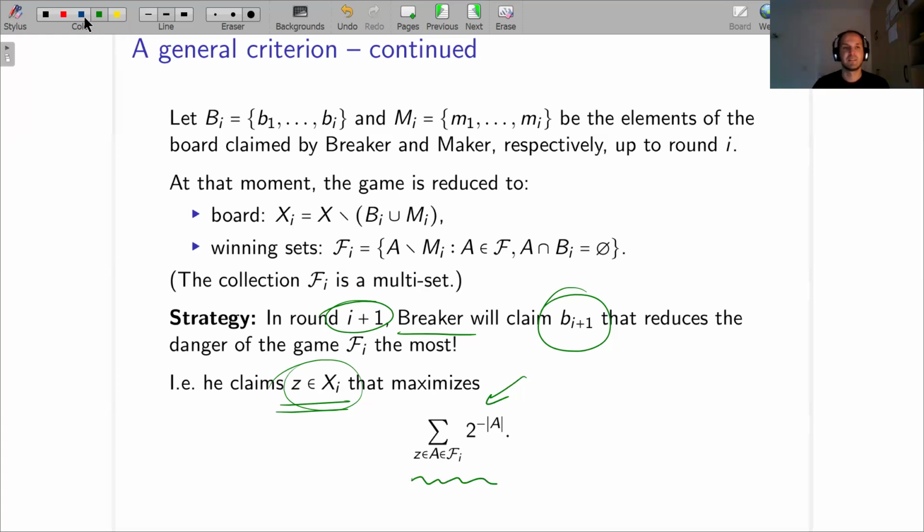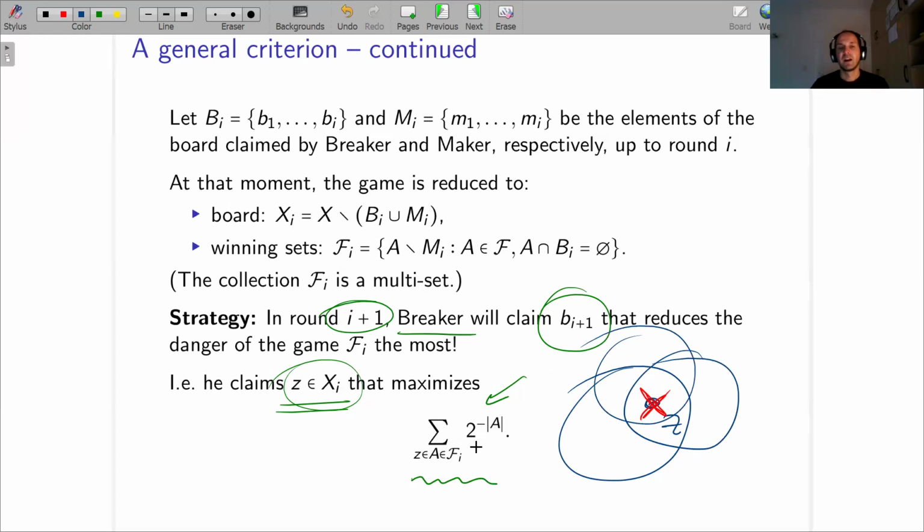So z is a vertex such that the winning sets containing z are the most dangerous in the sum. The danger of those winning sets when summed up is maximized. That's the strategy of breaker.